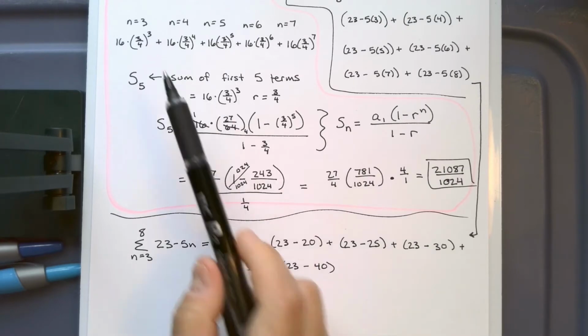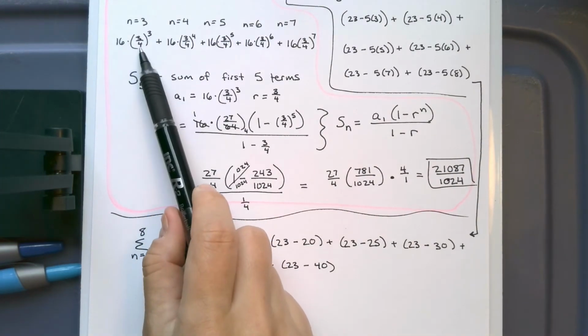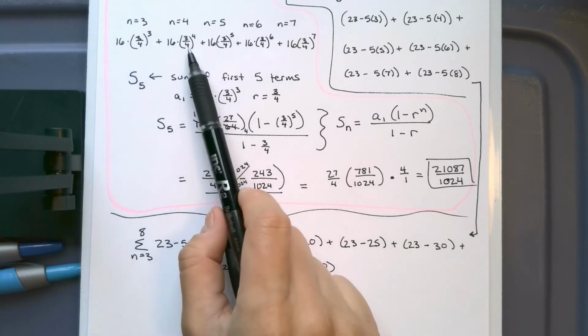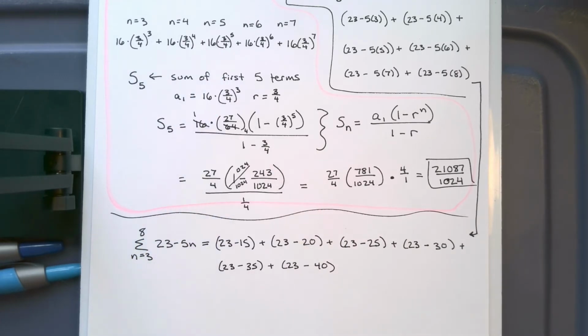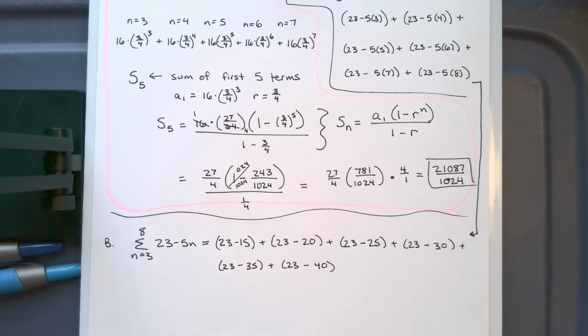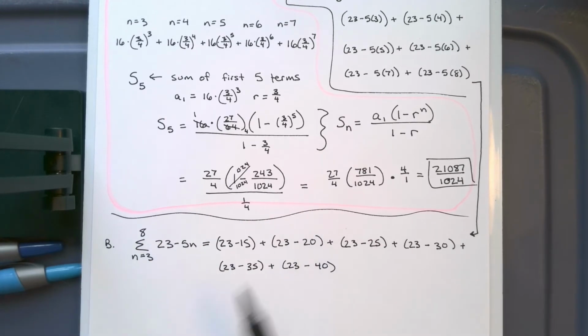In example A, we were multiplying by 3/4, each time by another 3/4. In this example, we now have minus 15, minus 20, minus 25, minus 30. So we're not multiplying by a number each time, we're instead subtracting a larger number.